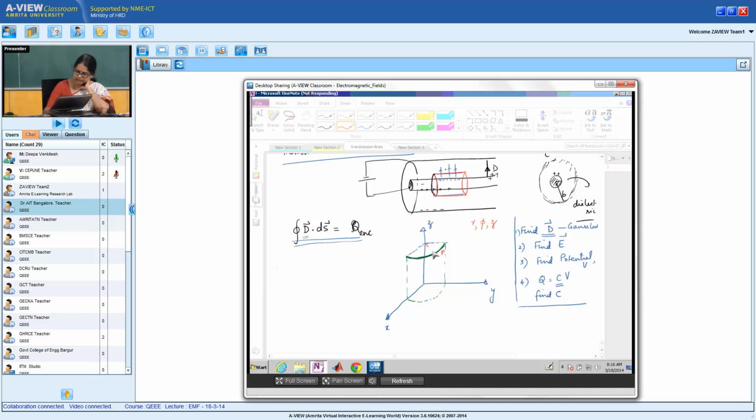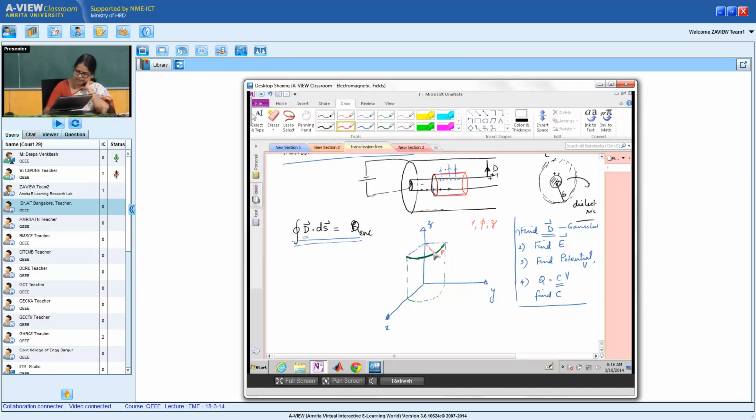The distance of this point from the Z axis is your R coordinate. The unit vector in the direction of R is here, AR. Unit vector in the direction of Z is AZ, marked in the red arrow.